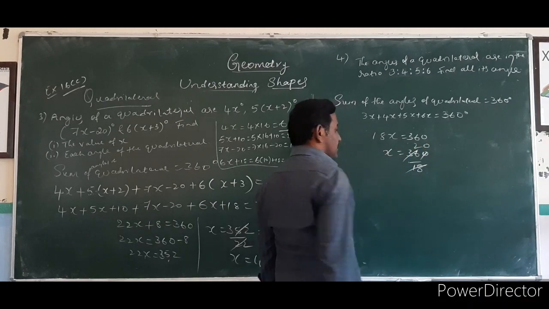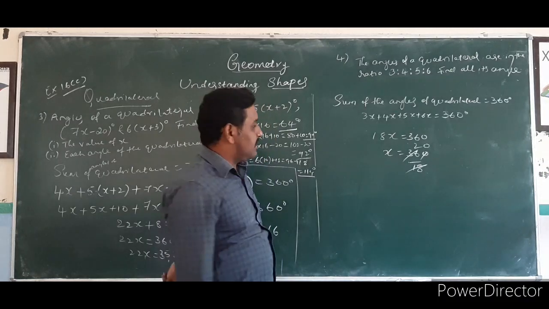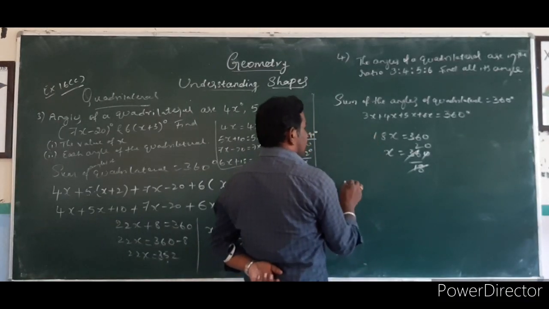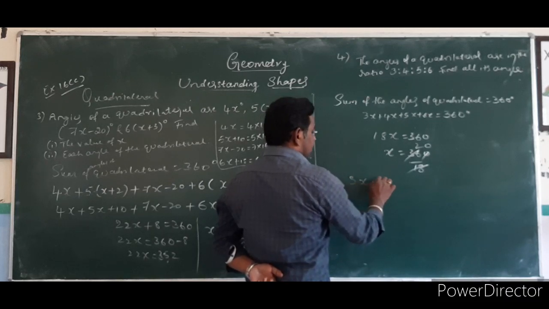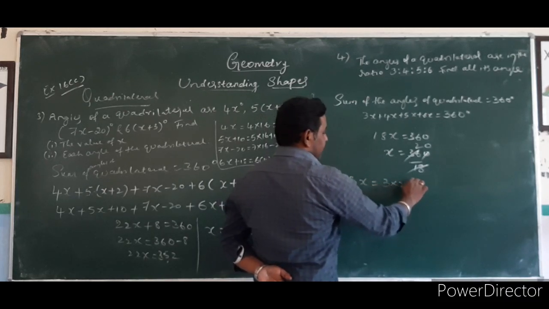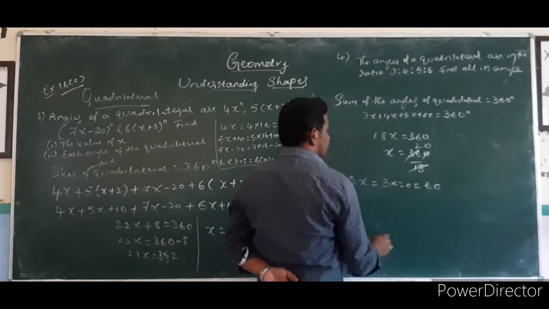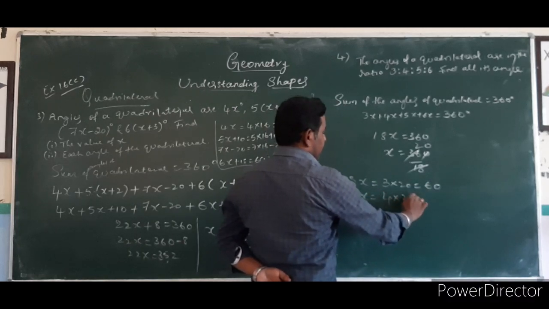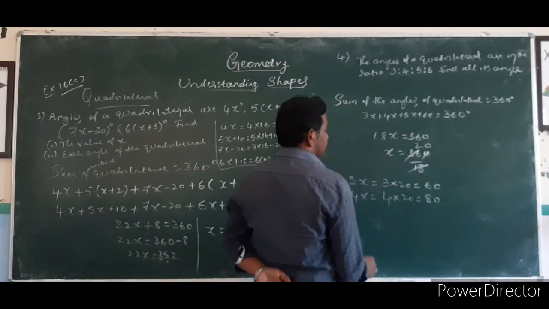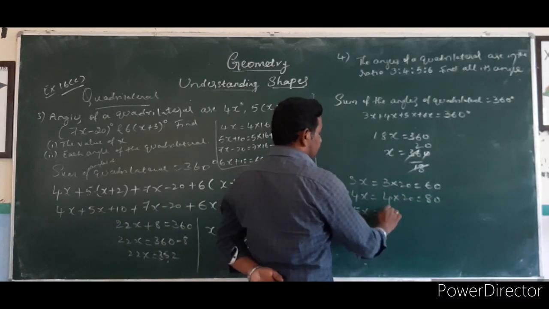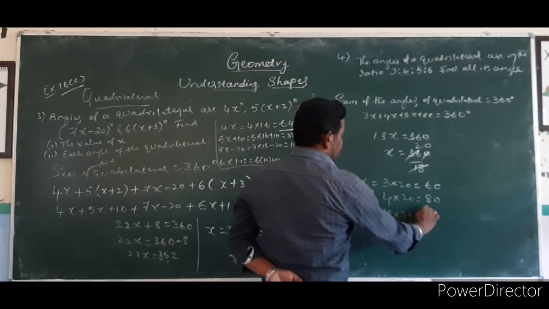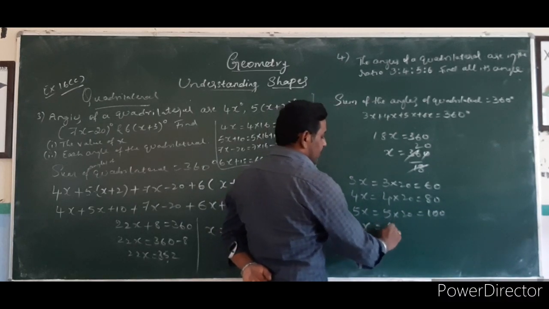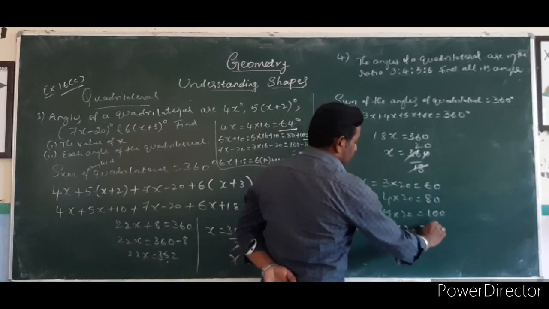18 twos are 36, 0 will come as it is. So x is 20. We found the x value. Next you find all the angles of the quadrilateral. 3x, 3 into 20, 60. 4x, 4 into 20, 80. 5x, 5 into 20, 100. 6x, 6 into 20, 120.